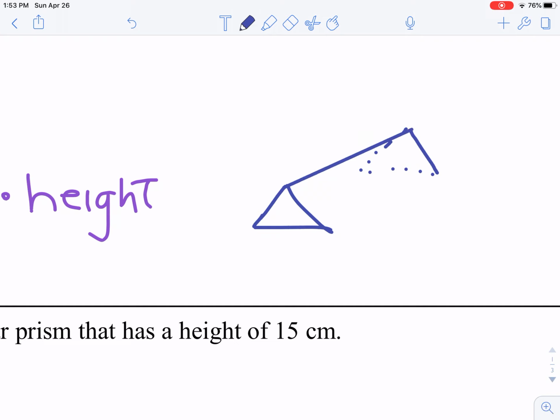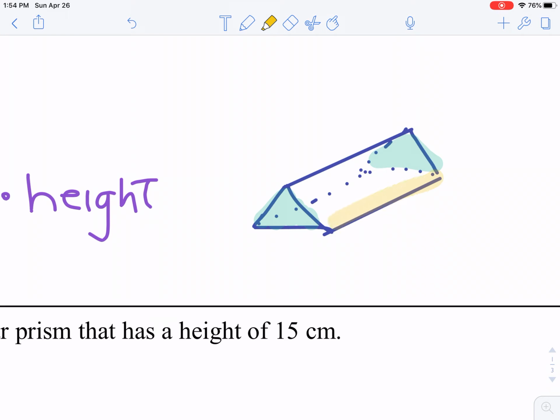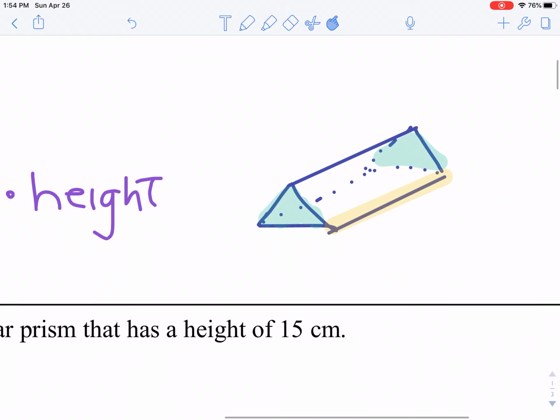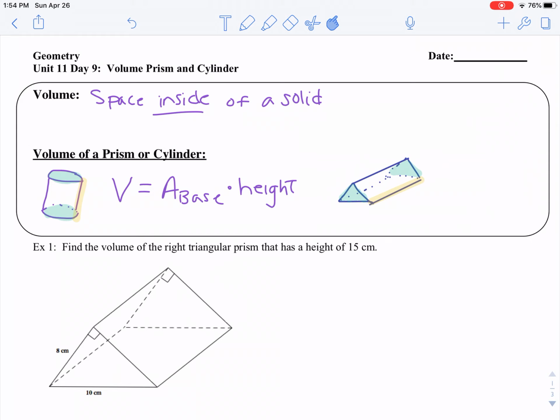They are connected like this, right? If I were to highlight those two bases, this is one base, this is another base, and the height is the distance between them. So notice that height is not vertical. It's the perpendicular distance between the two bases.